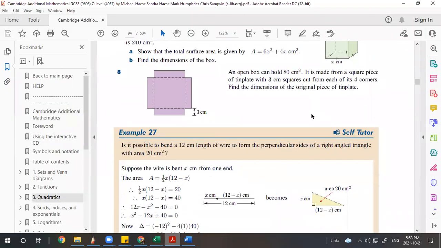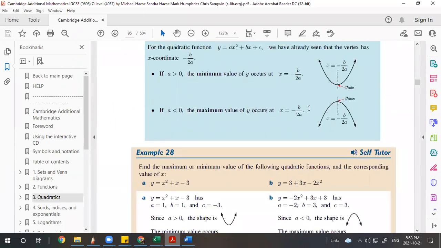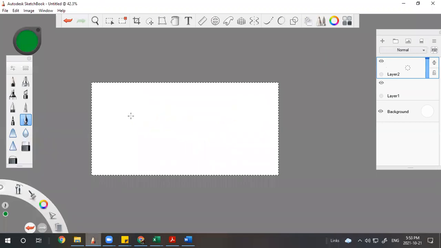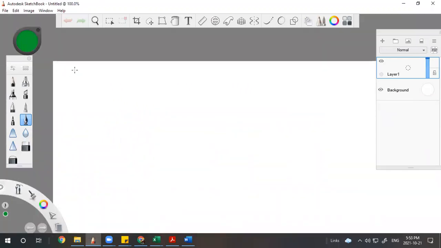Okay, some of them will be quite harder, but I think you can do this. Optimization, I will give you the formula only. So what does optimization mean? Optimization is finding the vertex.